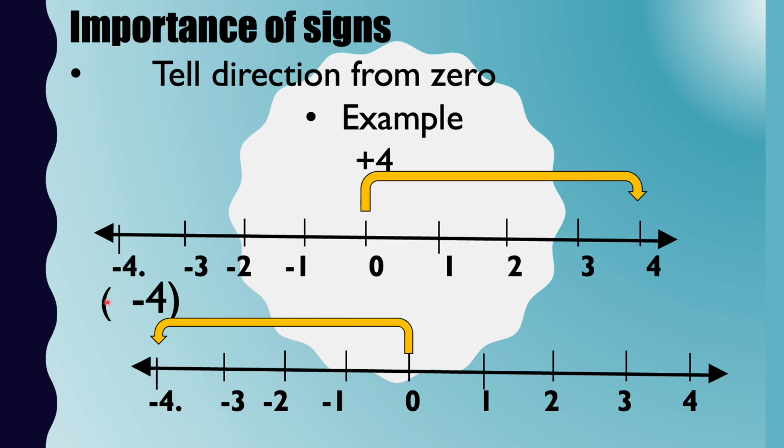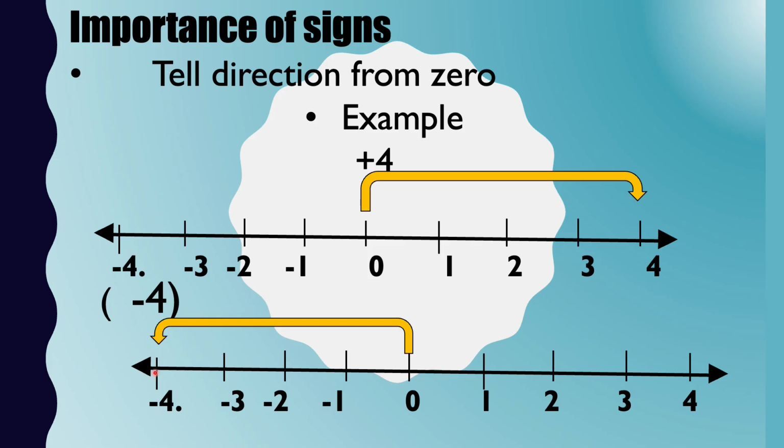If it is negative, the negative number always lies on the number line on the left side. So that is the importance of the sign.